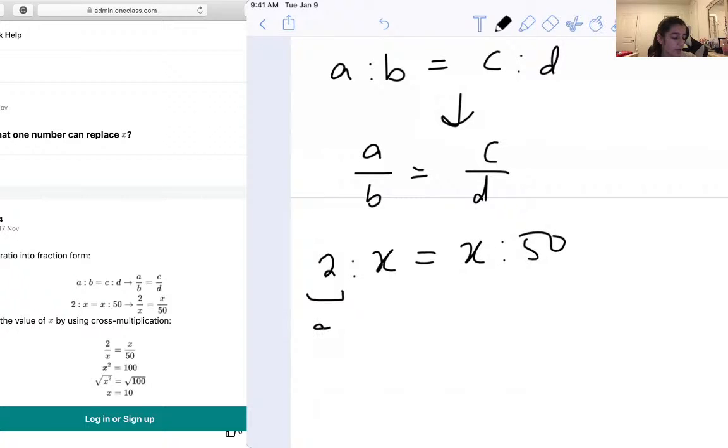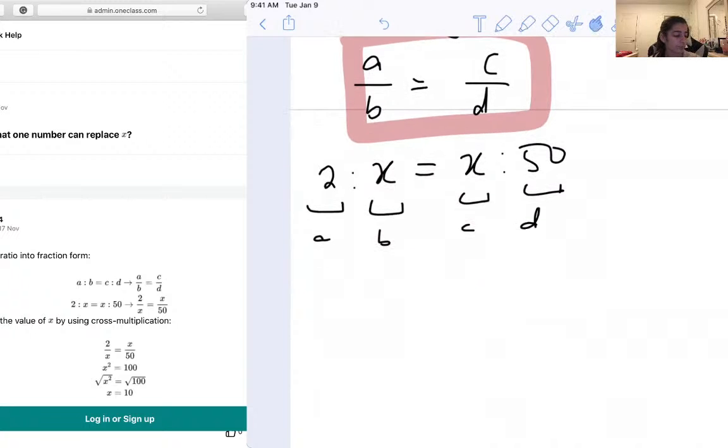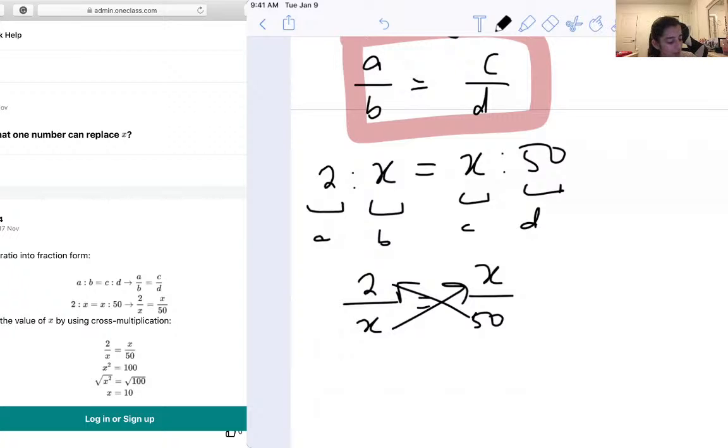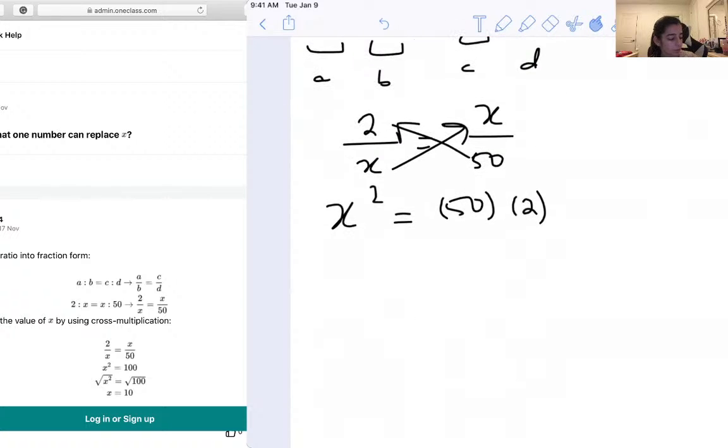This is our A, that's our B, that's our C, and that's our D, and plug it into this right here. So our A is 2 over x is equal to x over 50. We can cross multiply, and we get x squared is equal to 50 times 2, which is 100. So x squared is equal to 100.